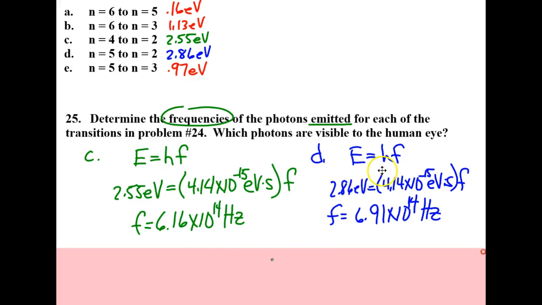Over on D, E equals hf, 2.86 equals 4.14 times 10 to the negative 15 times f. Divide both sides, solve for f: 6.91 times 10 to the 14th hertz, and you should find that to be in the blue range, but very close to violet, and that's why we call that the blue-violet line.